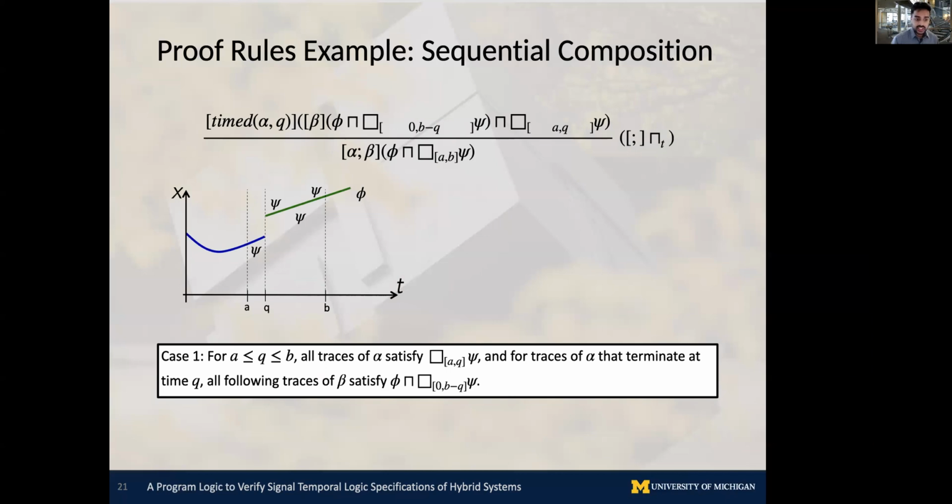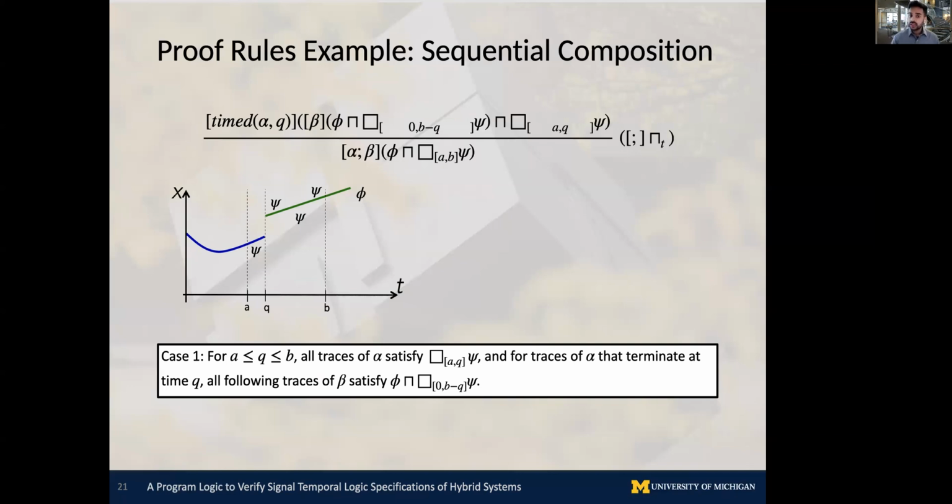So we're considering alpha sequentially composed with beta, and then we have alpha, which is the blue trace, running right up to the point Q. Note that the conclusion of the rule wants the result of the sequential composition to satisfy psi at all times between A and B. As such, the blue trace from alpha needs to satisfy psi from time A all the way through time Q, at which point it terminates, and then the green trace from beta immediately begins. This green trace now needs to still satisfy psi from Q up until the point B, after which there are no requirements for the satisfaction of psi.